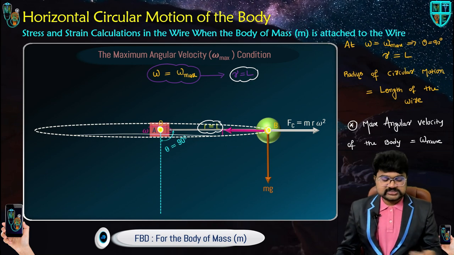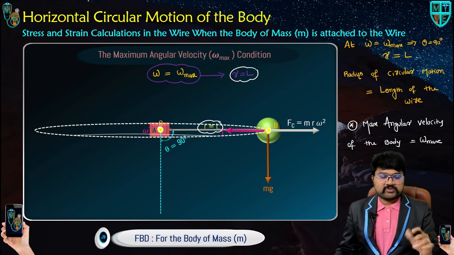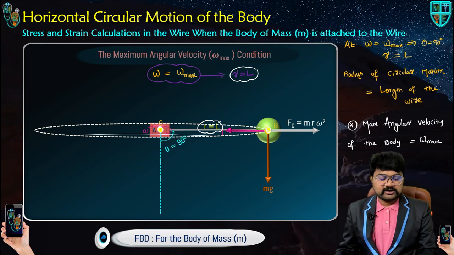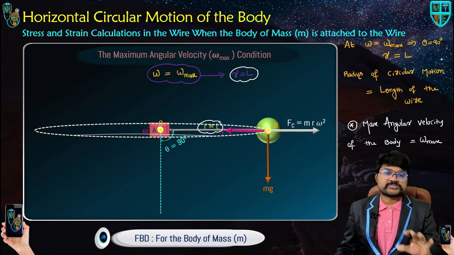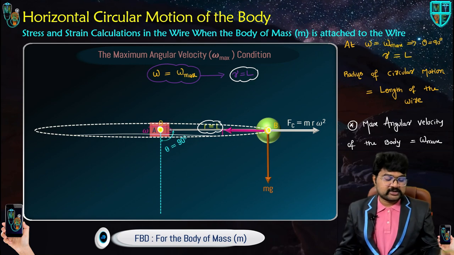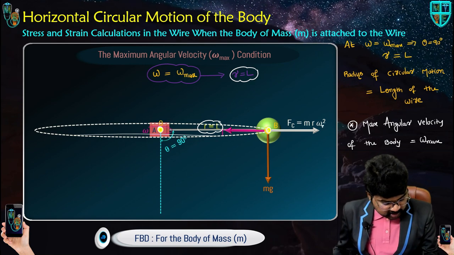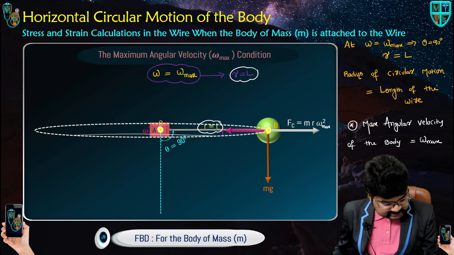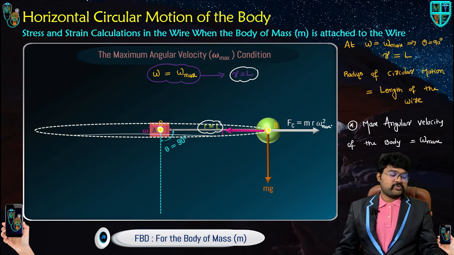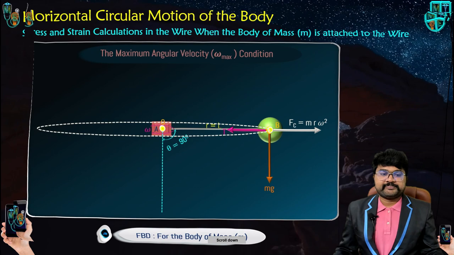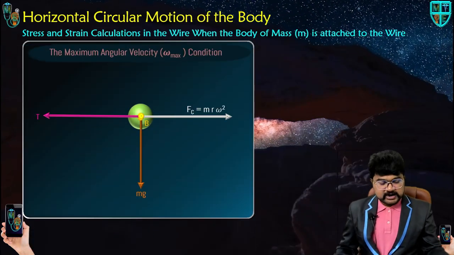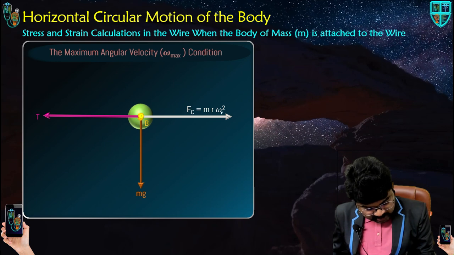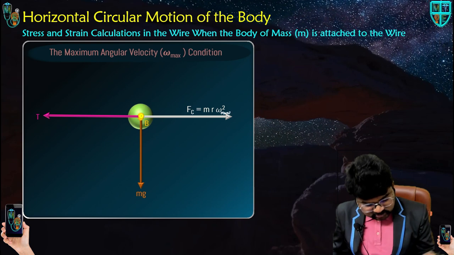Now, how to draw the free body diagram? Weight acts in the downward direction, tension always pulls the body, and centrifugal force always acts away from the center of rotation. Here you can call it m r omega maximum square.